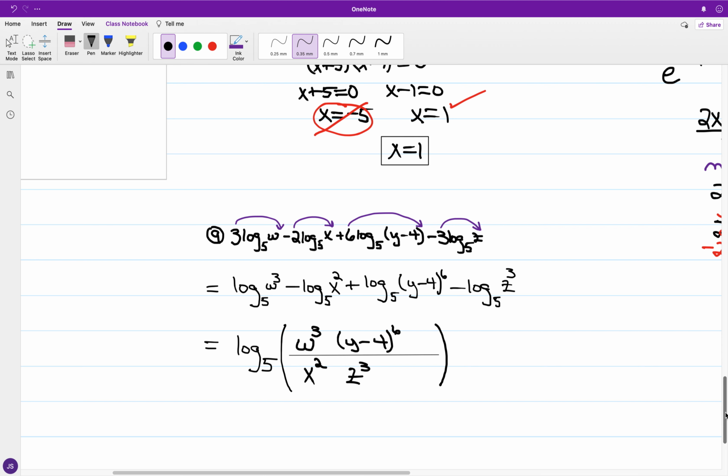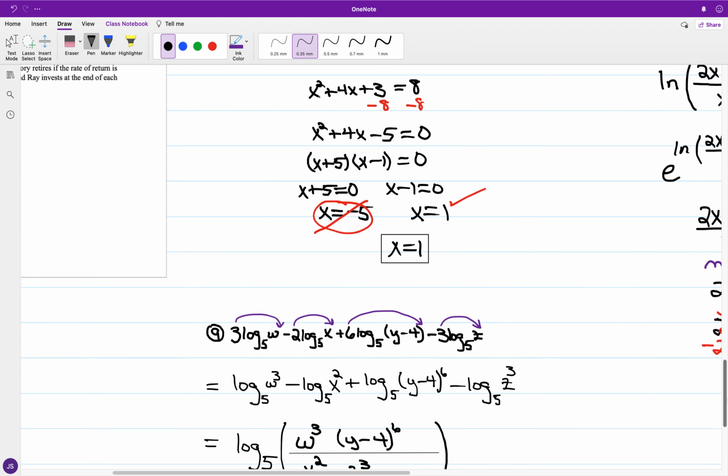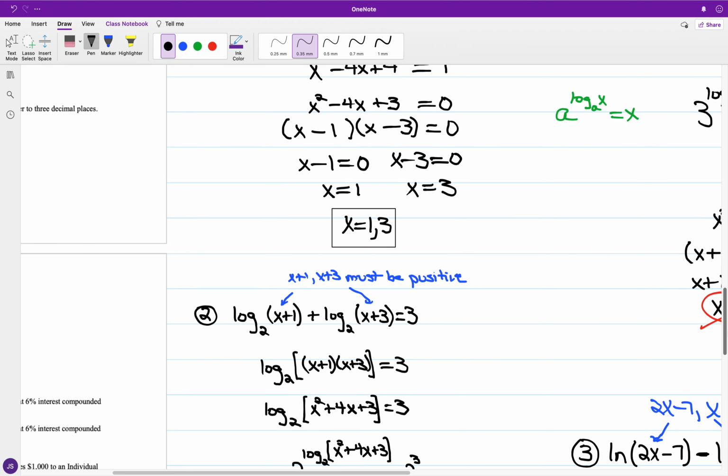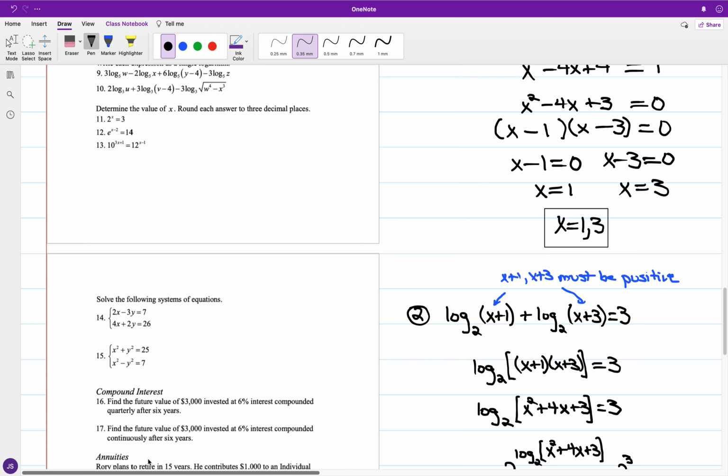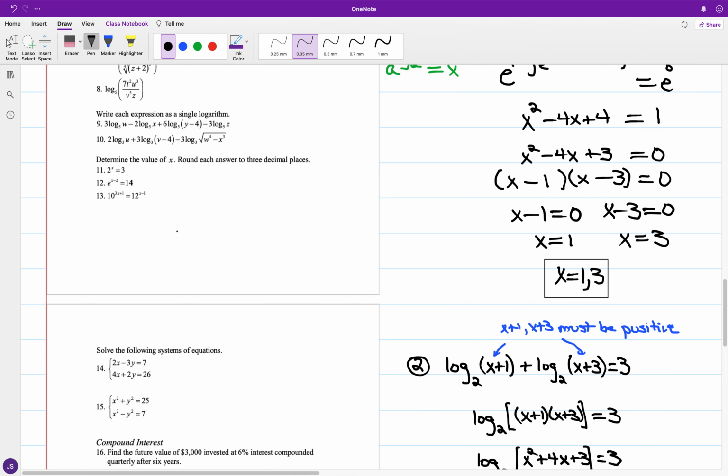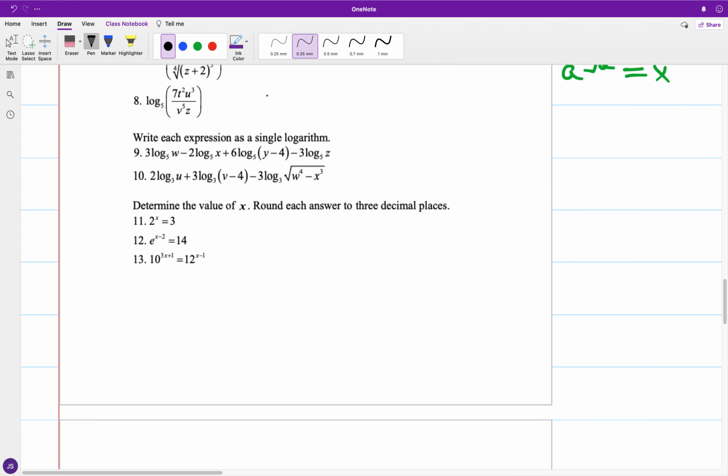Now, in the case of number 10, with this item we have one radical expression in the mix. I'll just go ahead and rewrite this one, to reintroduce this problem.